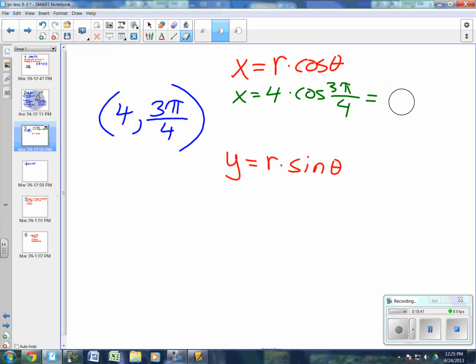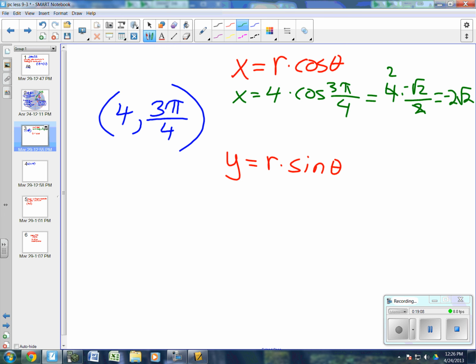Well, let me ask you this. Cosine of, I know that 3 pi over 4, you guys, is over here. And cosine is a negative root 2 over 2, right? So I'm going to have 4 times a negative root 2 over 2. 2 will go into that twice, and so you get negative 2 root 2, like Sean was saying.